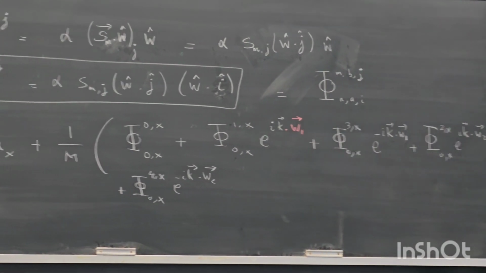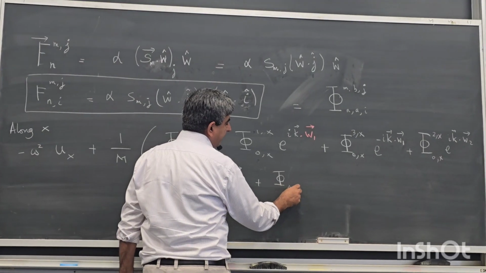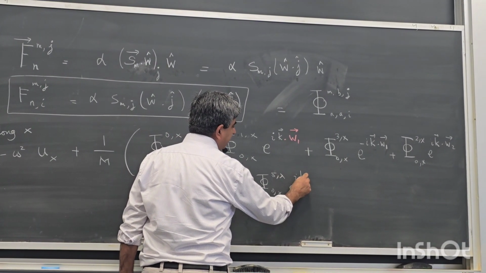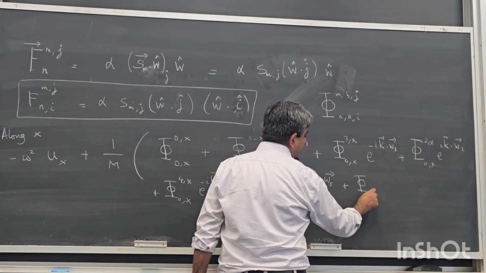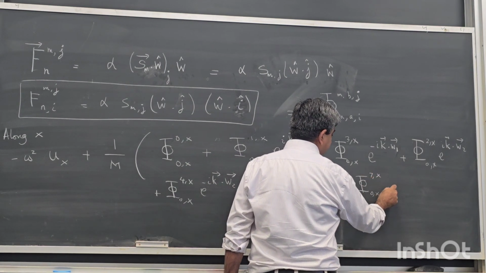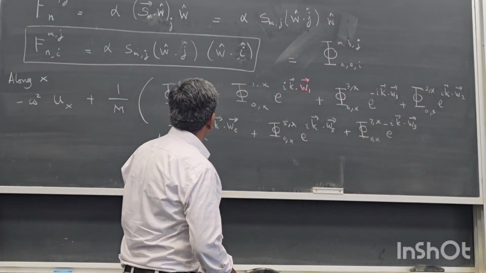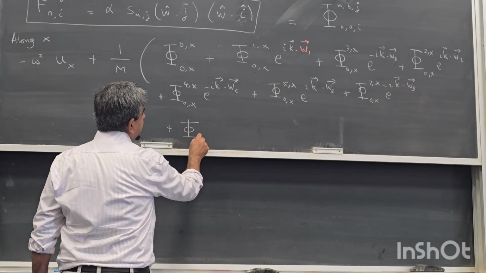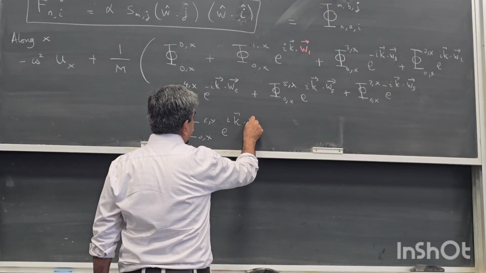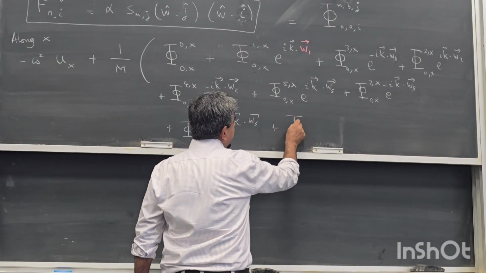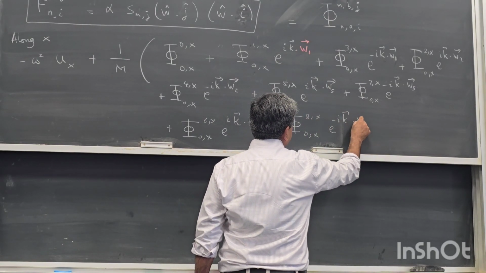Now I need to take into account the interactions between next to nearest neighbor interactions. So plus phi 0x 5x e^(ik·W5) plus phi 0x 7x e^(-ik·W5) plus phi 0x 6x e^(ik·W6) plus phi 0x 8x e^(-ik·W6).